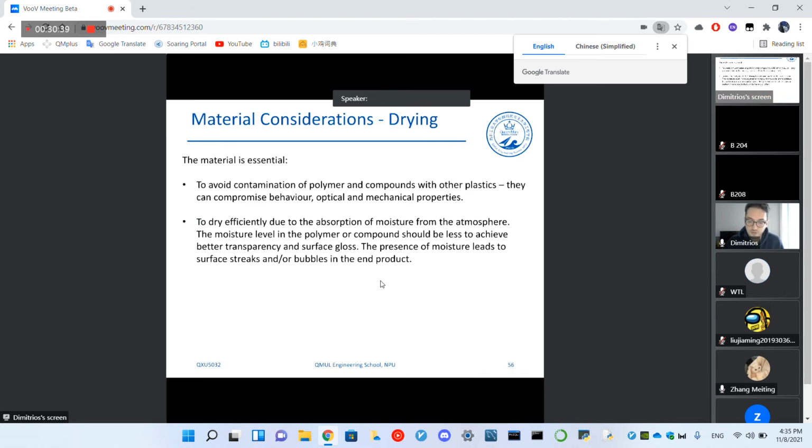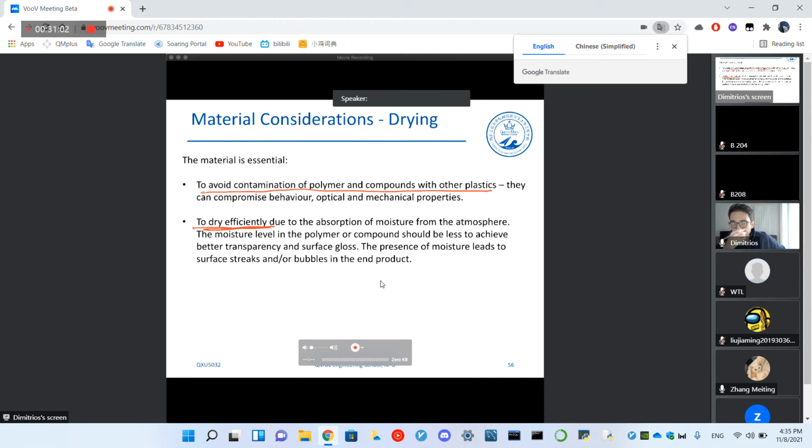Something that also affects the material that we end up getting is that we need to avoid contamination of polymer with other plastics, okay, obvious. And also something very important is to dry effectively our polymers before feeding them onto the extruder. And why is that?